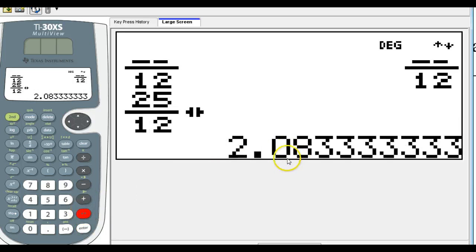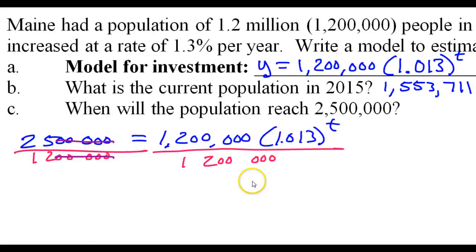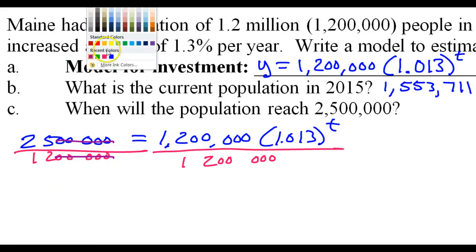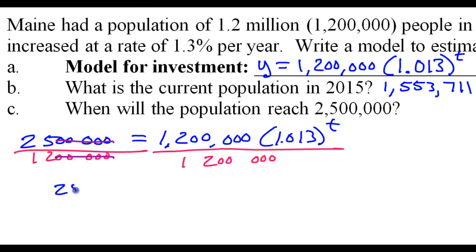I'll just leave it as 25 over 12 for right now. So I've got 25 over 12 is equal to 1.013 to the t power.